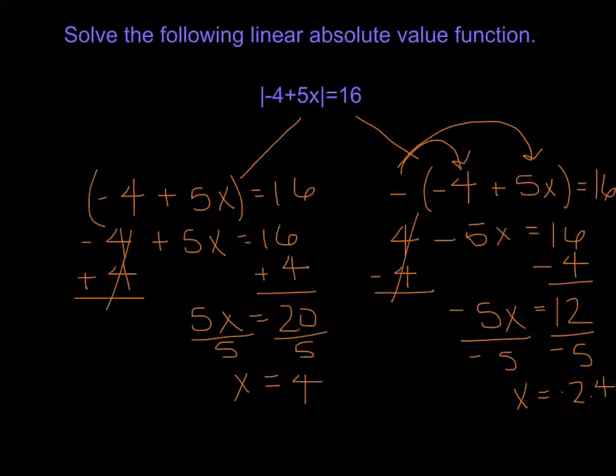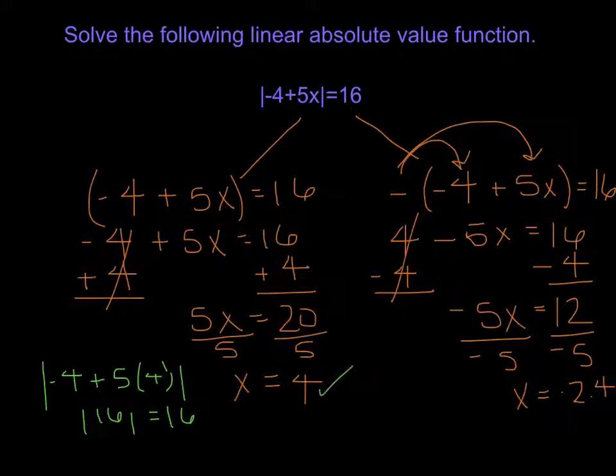So the third step, the final step, is to check the solutions. So if I plug in 4 back into the original linear absolute value function, that's going to look like negative 4 plus 5 times 4, and 5 times 4 is 20, minus 4 is 16, and the absolute value of 16 is 16, so that checks out.